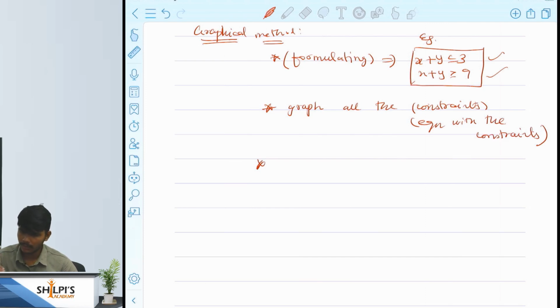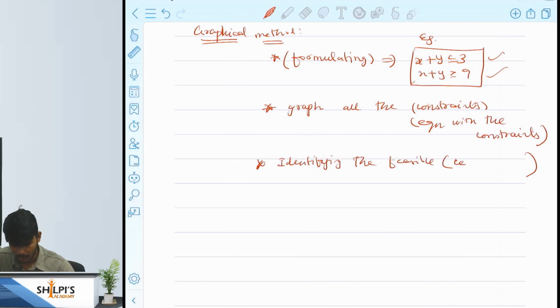In the third point of that particular method, we can simply write it as identifying the feasible region. For this we will look for the common region. For now, just write it here. I will explain what we will do to find a common region.